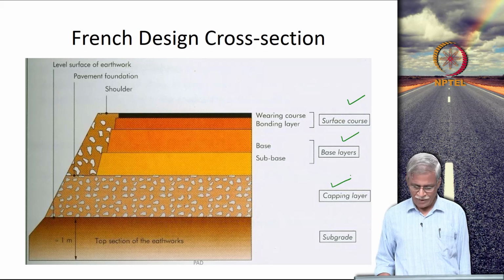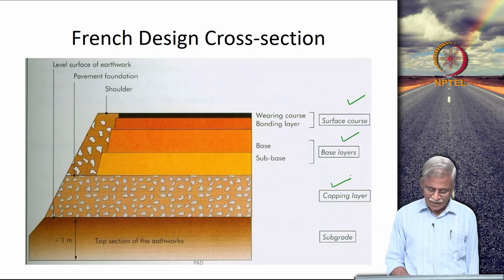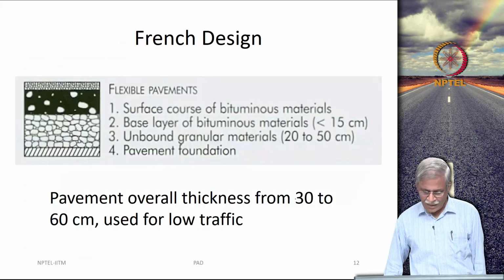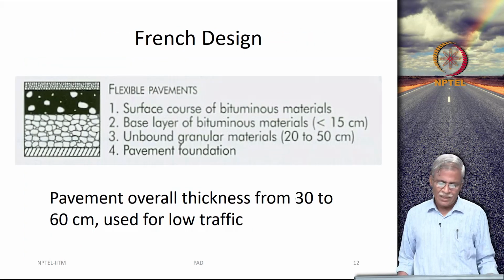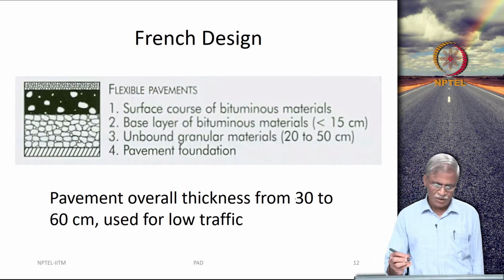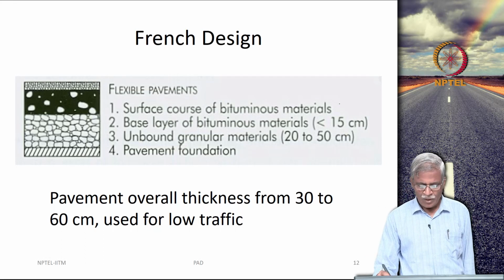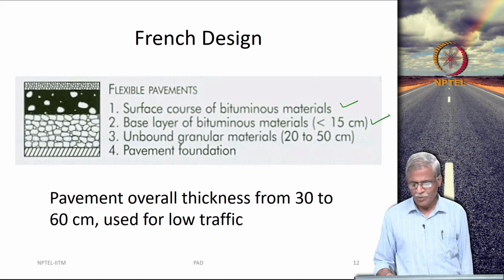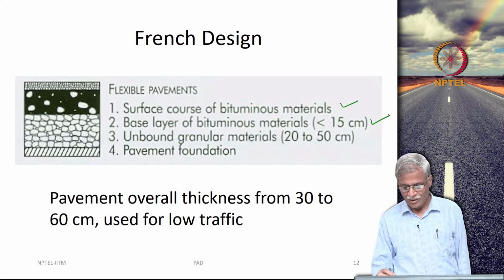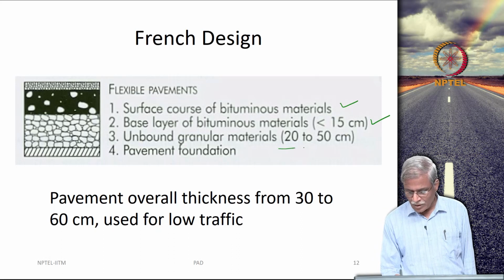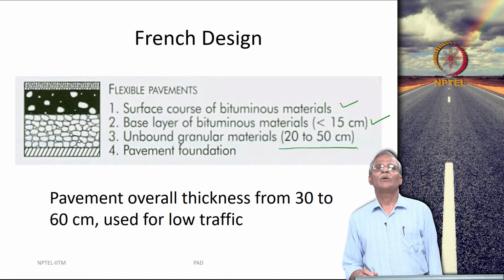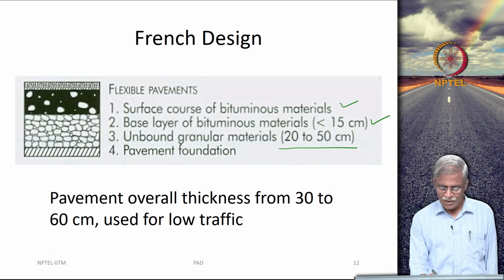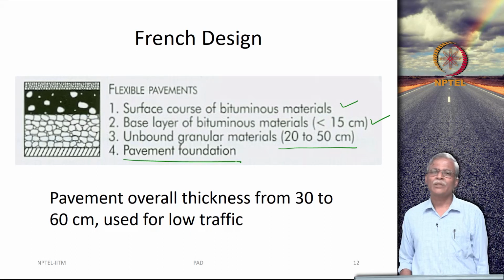This capping layer is constructed on top of the subgrade, and there are many design strategies that are followed. See, for instance, you can have a surface course of bituminous material, a base layer of bituminous material less than 15 centimeters, and the most important thing is unbound granular materials that can go as high as 50 centimeters, and this is what is really called a pavement foundation.